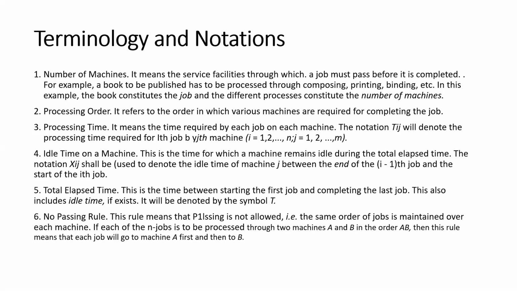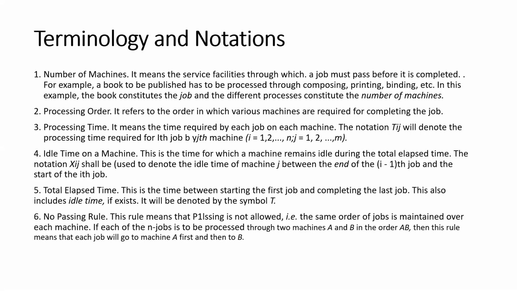Processing time means the time required by each job on each machine, and it will be noted as Tij, meaning machine i and job j. Idle time on machine is the time for which a machine remains idle during the total elapsed time, and it is noted by Xij. Total elapsed time is the time between starting the first job and completing the last job. This includes idle time also.